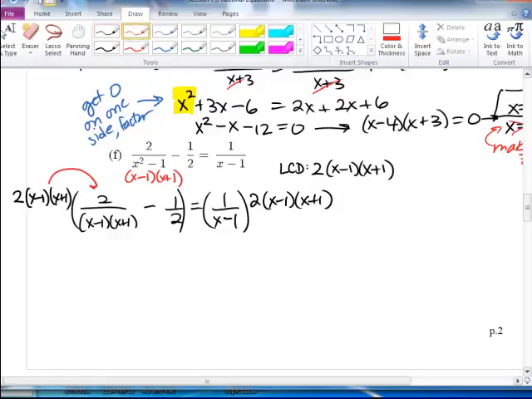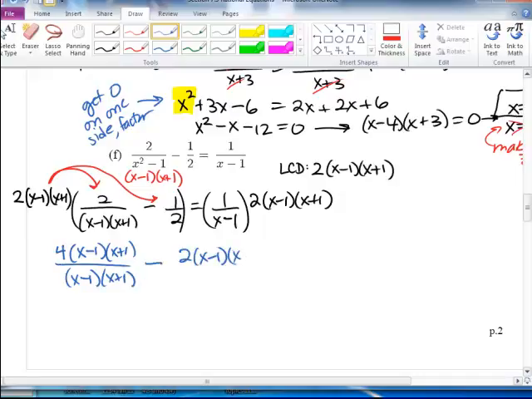So we'll put that with this group and with the second group. So I'm going to have 4 x minus 1, x plus 1 over x minus 1, x plus 1 minus 2 x minus 1, x plus 1 over 2, just multiplying numerators and denominators together.